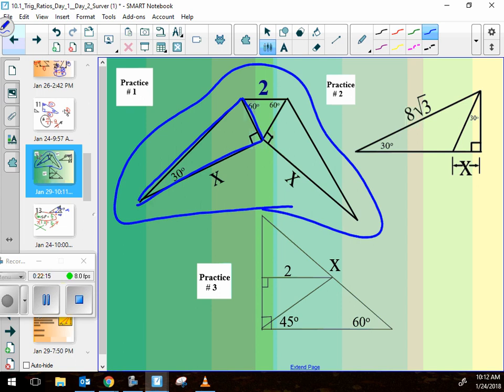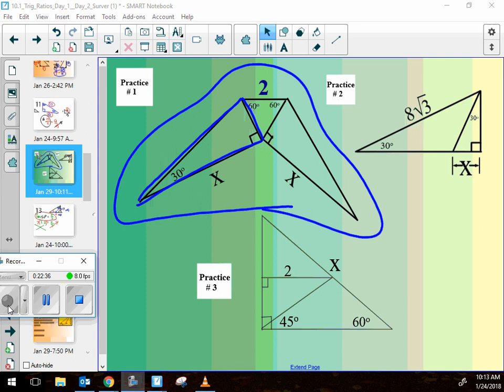So you got to figure out how you can get a side, because as soon as you have one side and one angle, you can do it. So of course, the next step on these is to give you ones that don't have a side, but they really do. It just takes you a minute to figure it out. I will pause for a second while you try to figure out practice number 1.